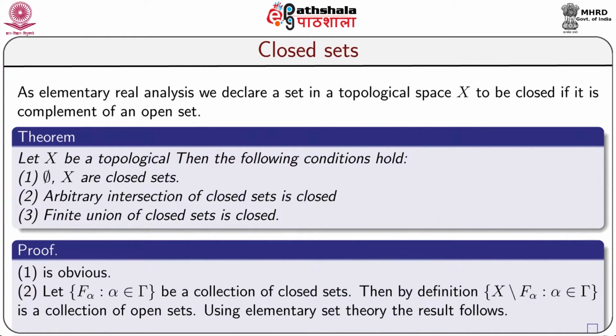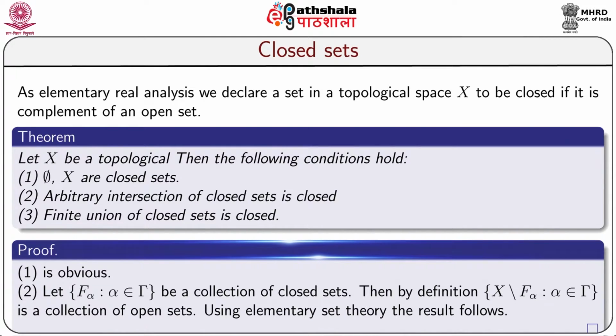elementary set theory results. We are just telling about the arbitrary intersection of closed sets being closed. So, let us consider an arbitrary collection of closed sets. Let us consider it as F alpha such that alpha belongs to gamma, where gamma is an index set. Then by definition of closed sets, each X minus F alpha is an open set.